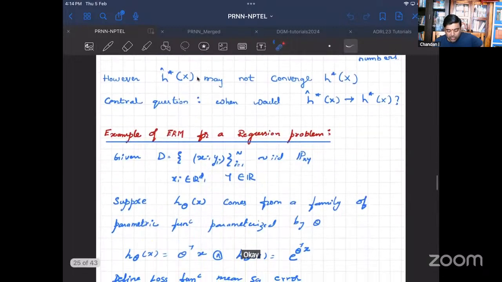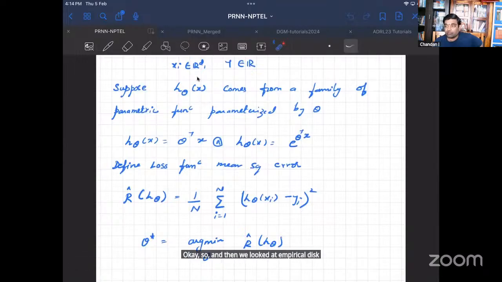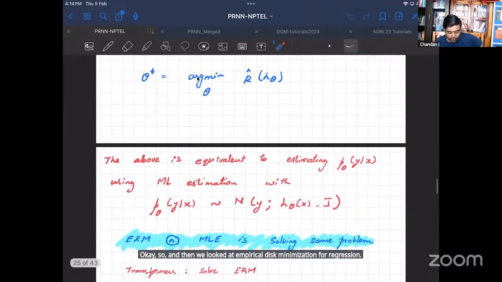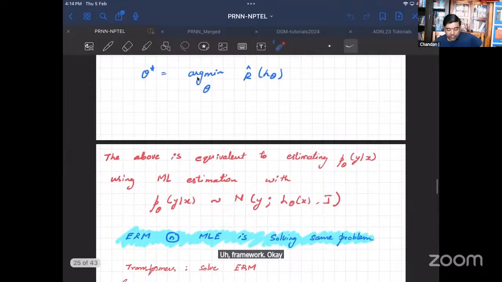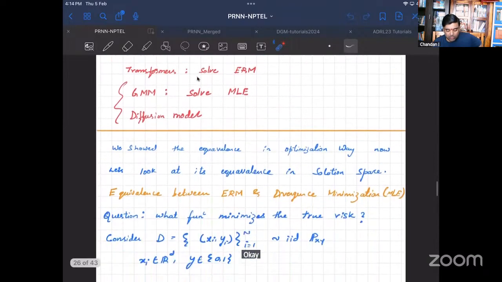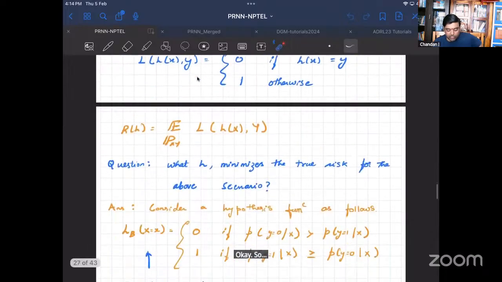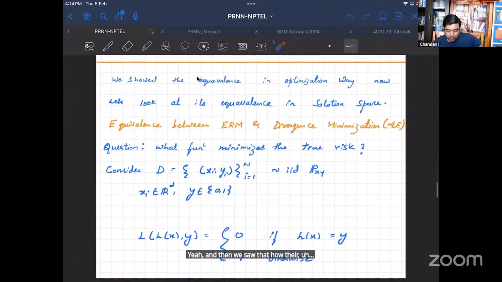And then we looked at empirical risk minimization for a regression framework. We saw that ERM and MLE are actually the same, solving the same problem. And then we saw that ERM is equivalent to divergence minimization. What we first saw is that divergence minimization is the same as maximum likelihood estimation.